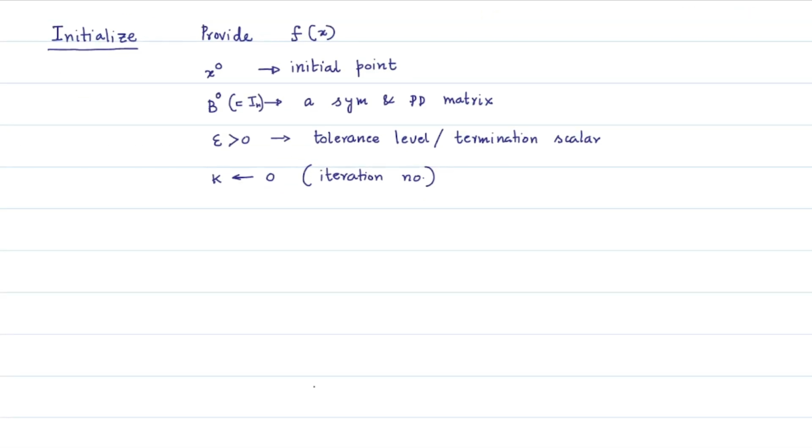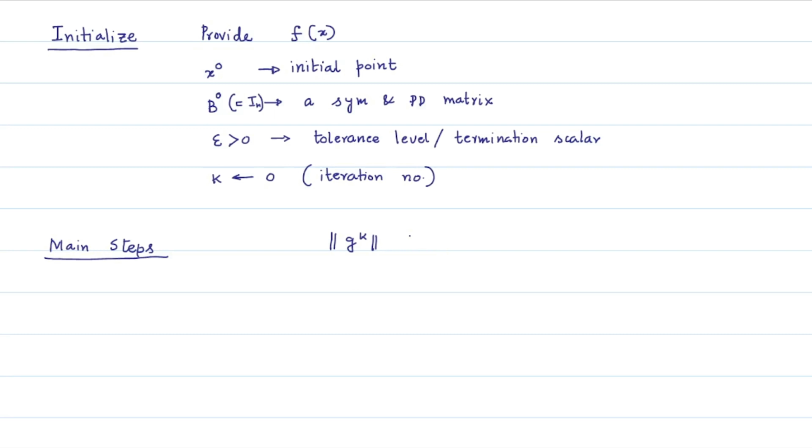In the main steps, at the beginning we check the norm of the gradient at the current iterate. Check if it is less than epsilon, then you stop and provide x_k as one of the stationary points or an optimum point.